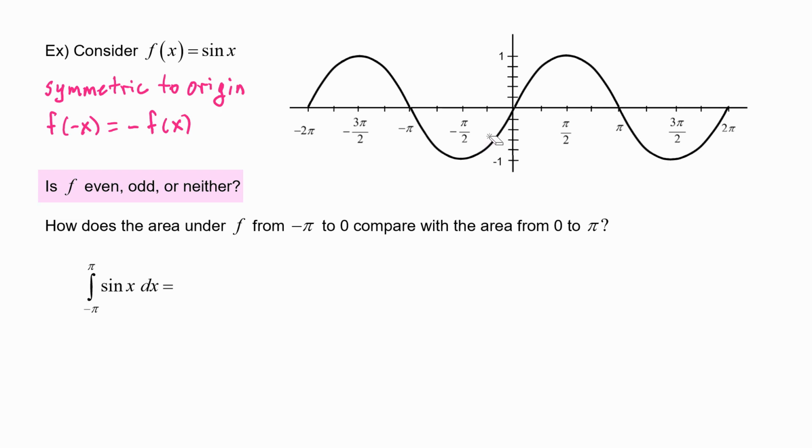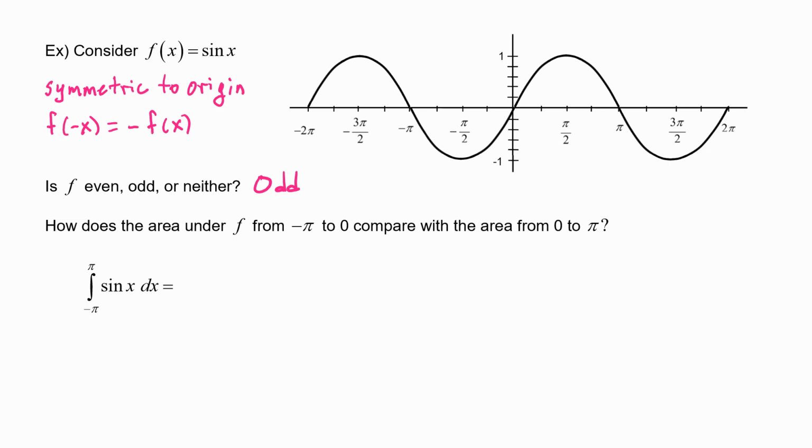At negative pi over 4, here's the y value, which we know is negative radical 2 over 2. And at positive pi over 4, here's the y value. It's positive radical 2 over 2. So those two are symmetric to the origin, and that makes sine of x an odd function.